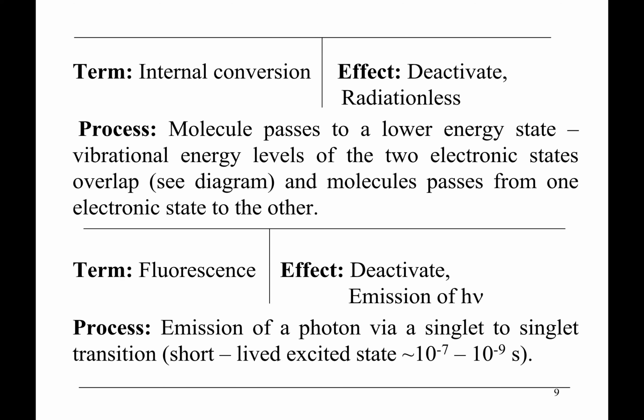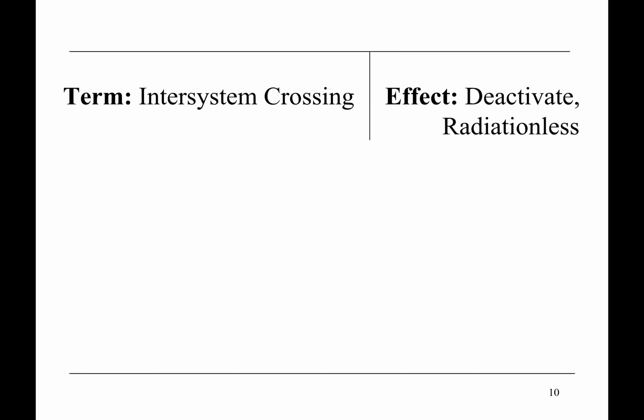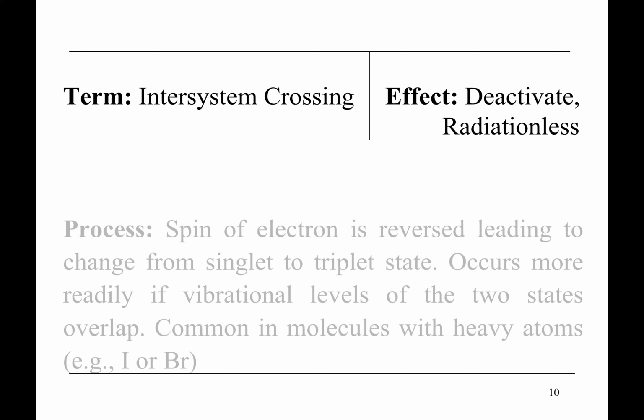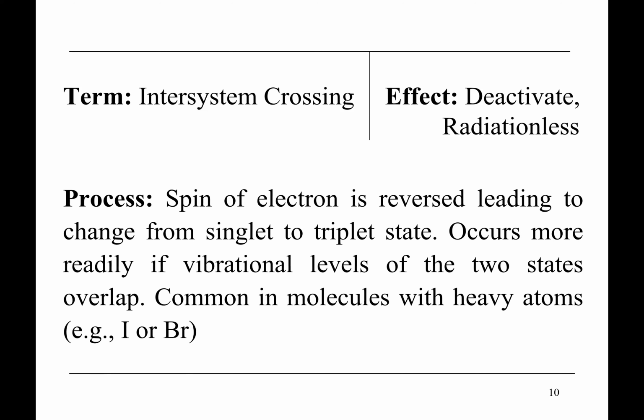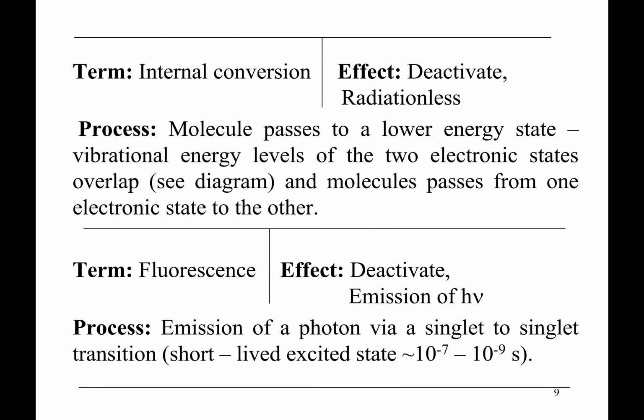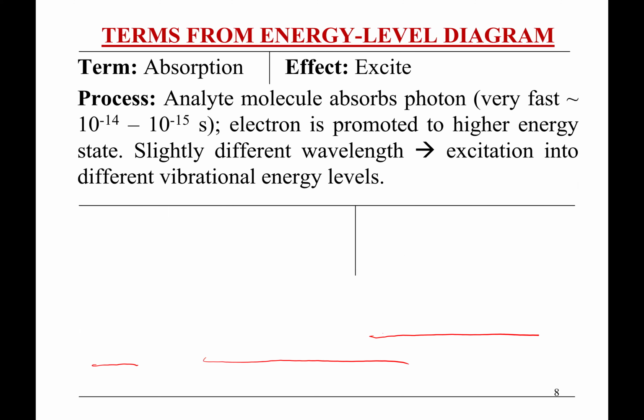Let's talk about the other process, intersystem crossing. The effect of that is deactivation again. You notice the term deactivation throughout, loss of energy, it's radiationless, and this intersystem crossing goes from a singlet state to a triplet state. So you can go through the Jablonski diagram and make sure you know this.